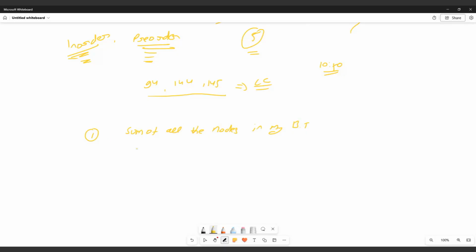Guys, write a function that could return the sum of all the nodes in a given binary tree. Can you find the summation?